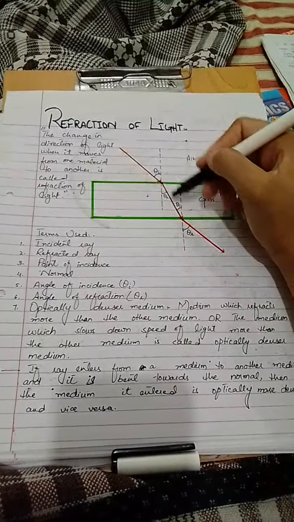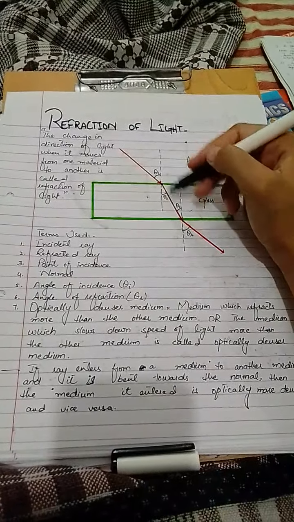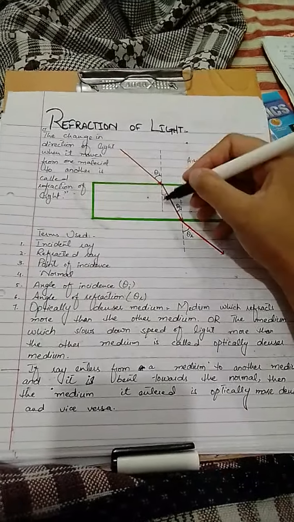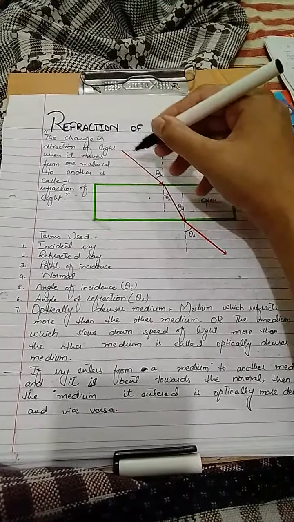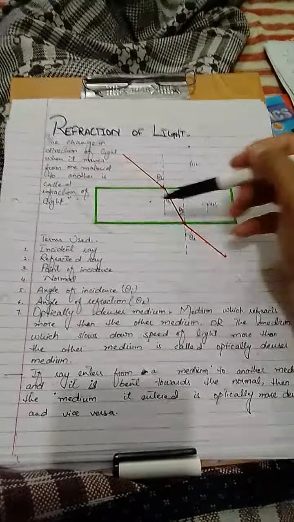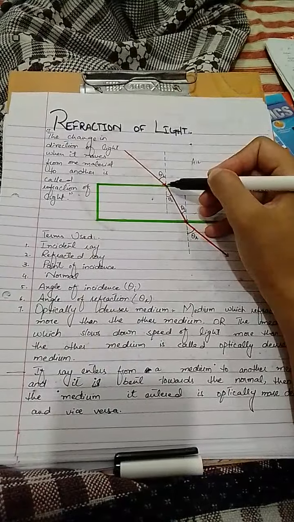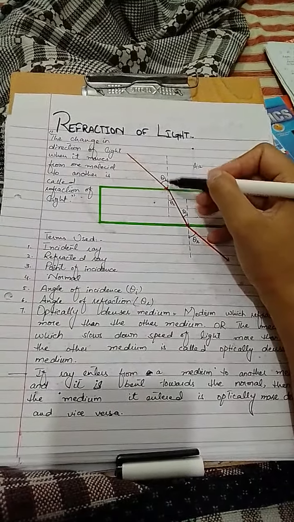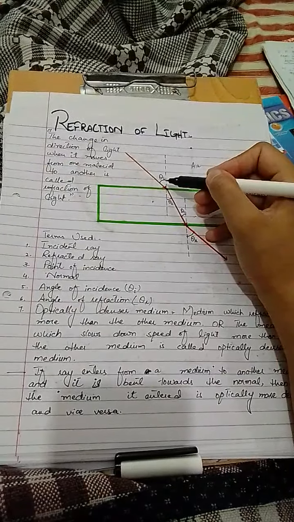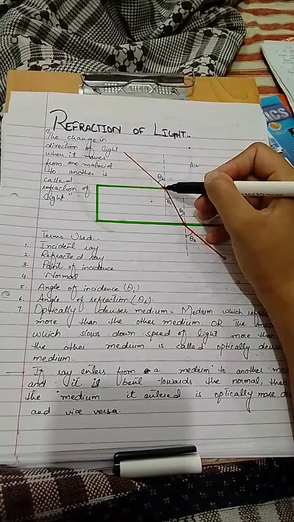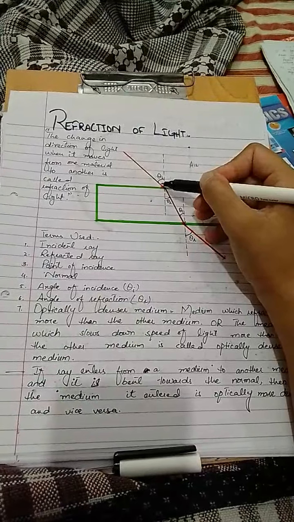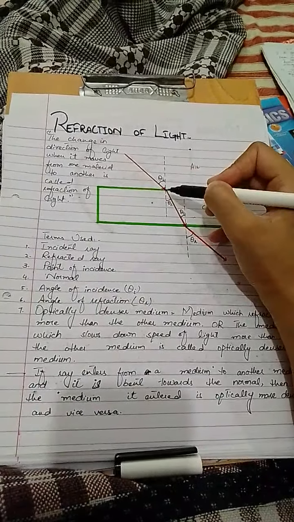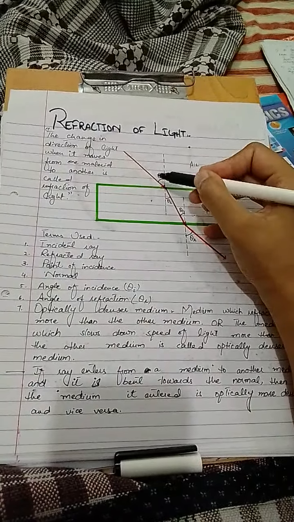If we say this is the incoming ray, or the incident ray, and this is the refracted ray, then what happens? In this case, the angle of incidence is less than the angle of refraction, and the ray would be bent away from the normal.